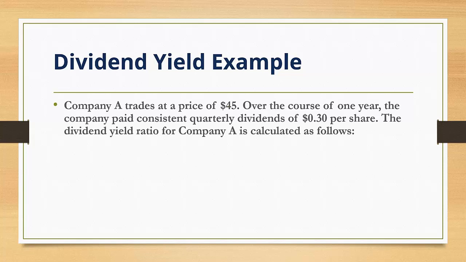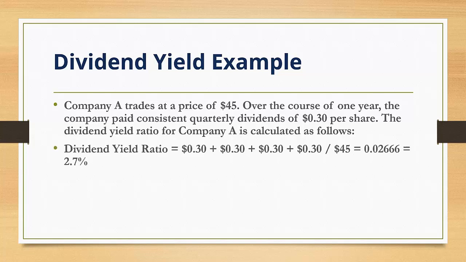Suppose that company A trades at a price of $45. Over the course of 1 year, the company paid consistent quarterly dividends of $0.3 per share. The dividend yield ratio for company A is calculated as follows.